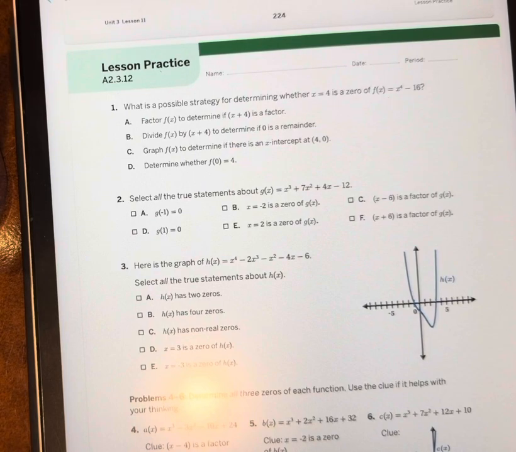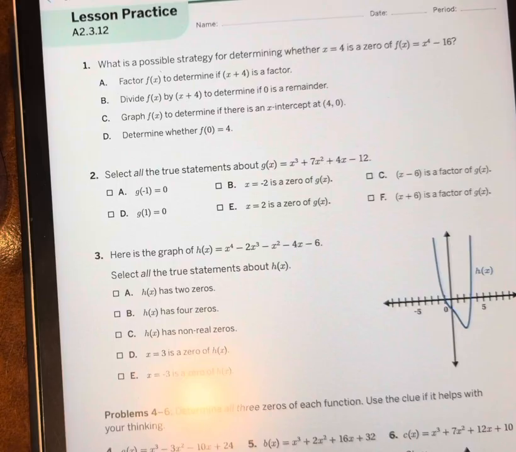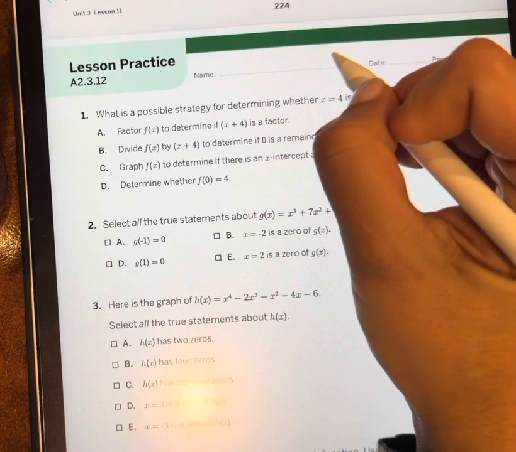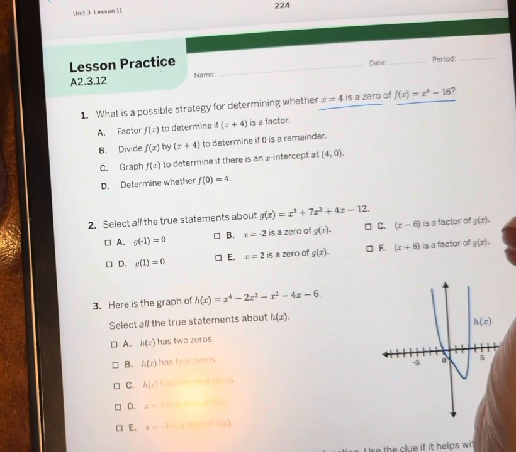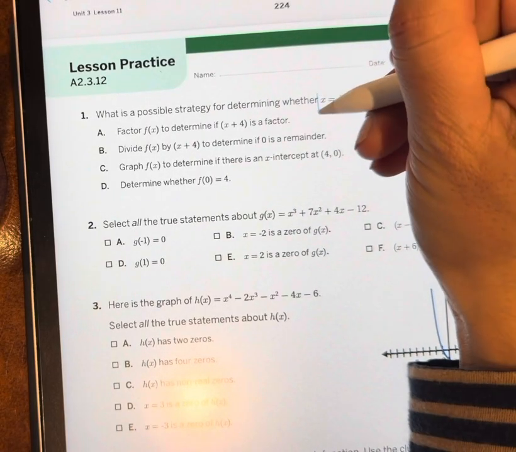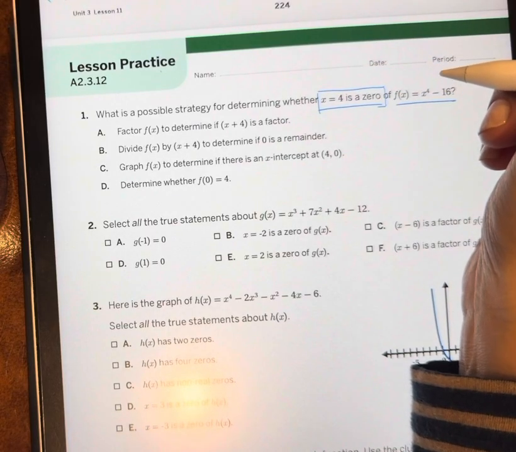Let's do 312. Okay, we're going to look at possible strategies for determining whether x equals 4 is a 0 of f of x. You guys, them coming at us with a 0 is... I don't want to say it's a trap.